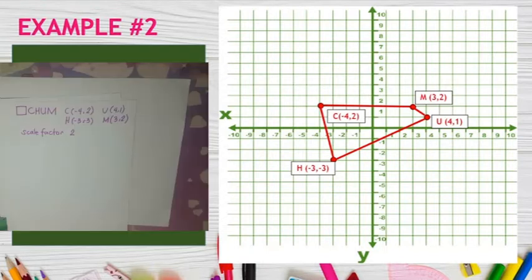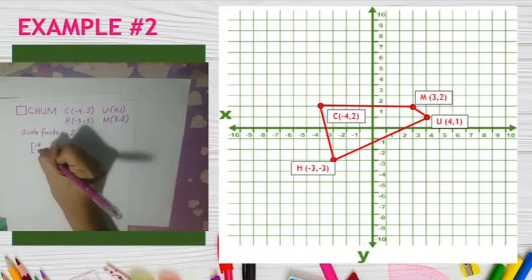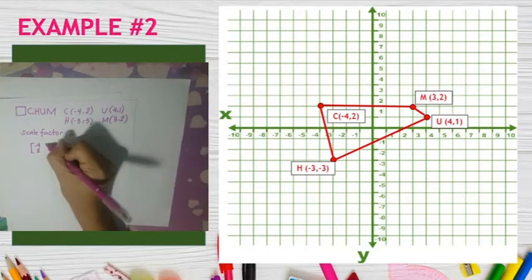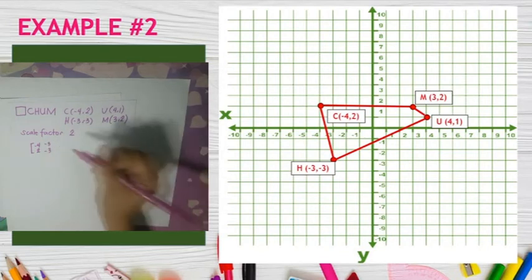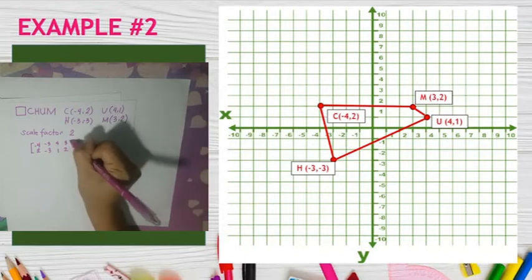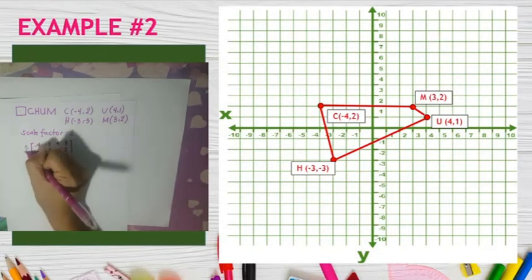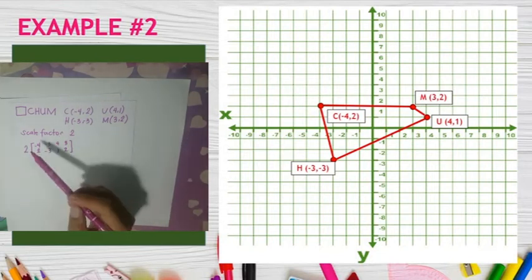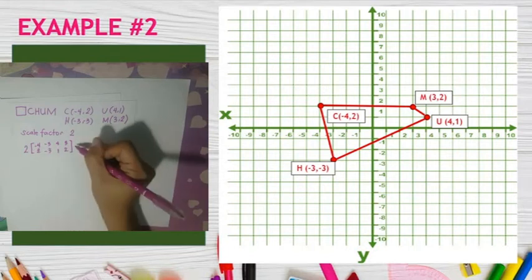Like what we did the first time, we will need to transform these coordinates into their matrix form. So let's have here -4 and 2, -3 and -3, and then we have 4 and 1, 3 and 2. Since we have the scale factor 2, let's put that outside of our matrix to signify that it will be multiplied to every single number within the matrix.